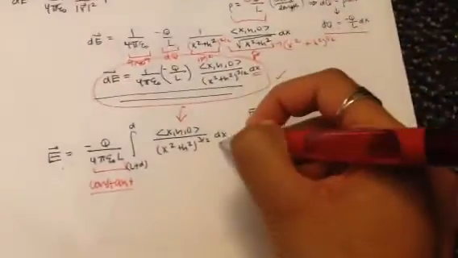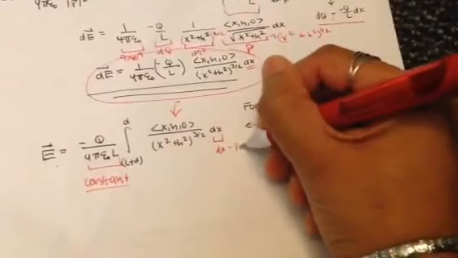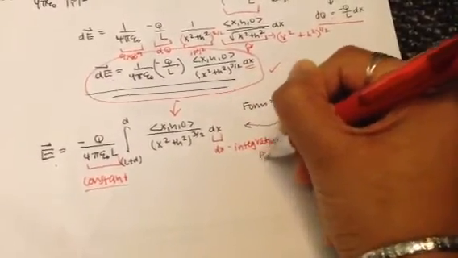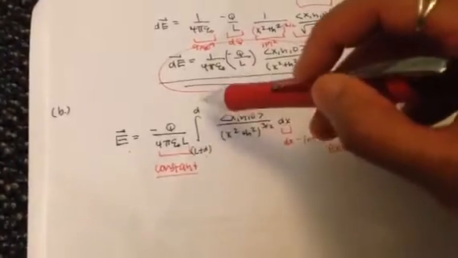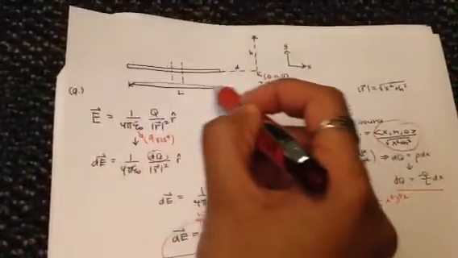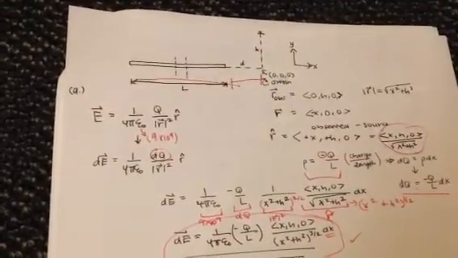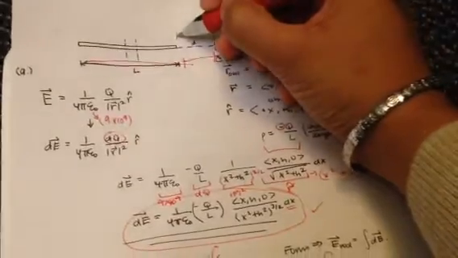And here's our integrating factor, dx. Okay, and our limits are L plus D to D. L plus D, if you look at the diagram again, is the entire distance of this rod plus this portion. And then D, which is just this portion.